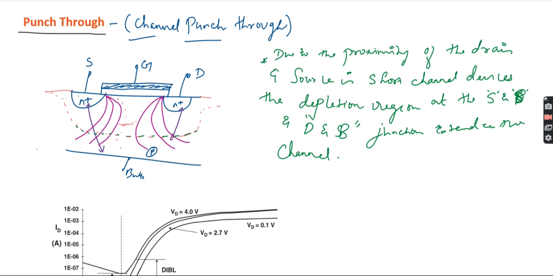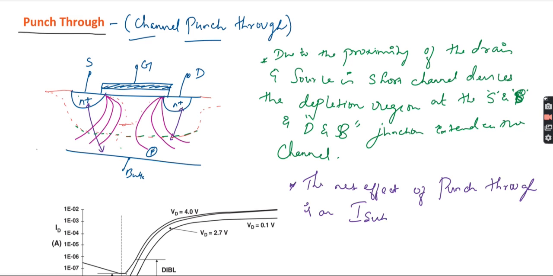So you can see here the net effect of the punch through: it increases the subthreshold current.